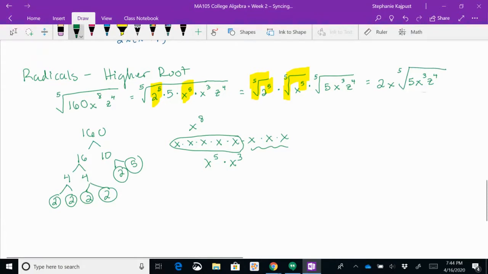If I didn't put the little dot there before that, would that be wrong? No, it's implied. Yeah, it's implied because there's no plus or minus in between, so we assume it's multiplication. I just put it there because I didn't want it to get confused with that 5 and look like an exponent. Okay, makes sense. Thank you.